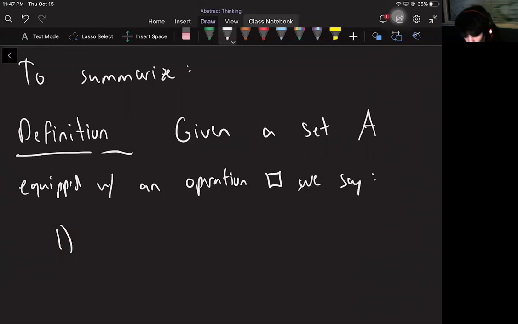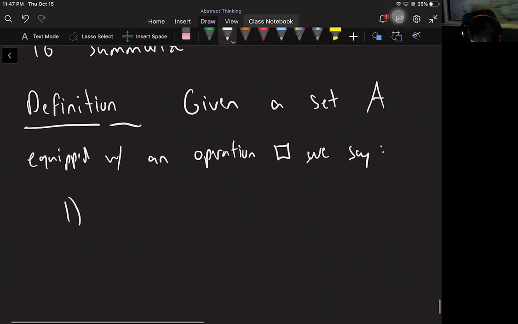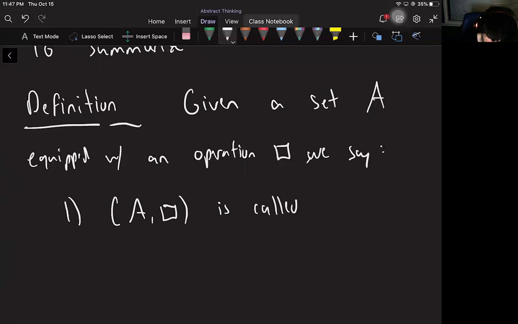But they do so very generally, so maybe not a specific set and a specific operation, just in general. So what we want to do is define something in more generality, more abstractly. What we're going to say is that if you have a set A together with an operation, we're just going to name that a new type of thingy to study.